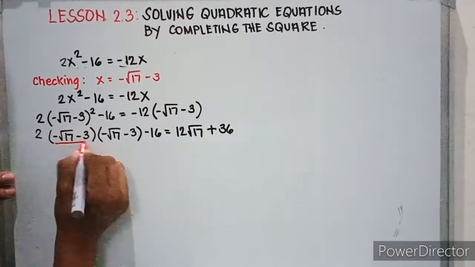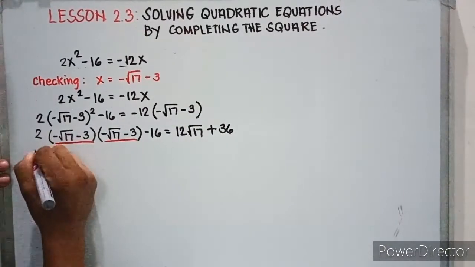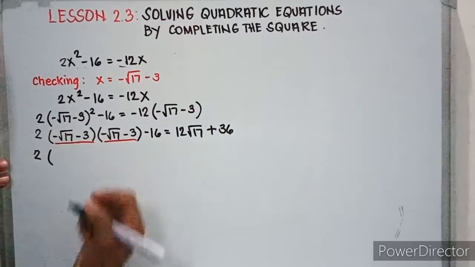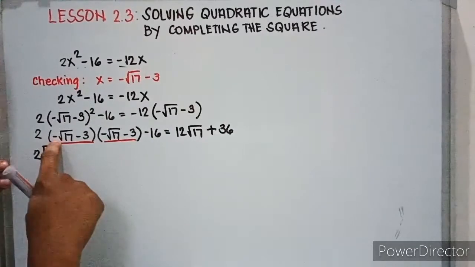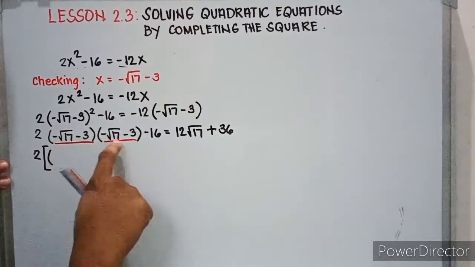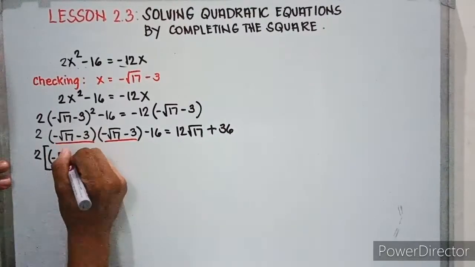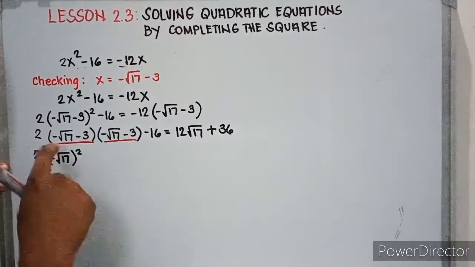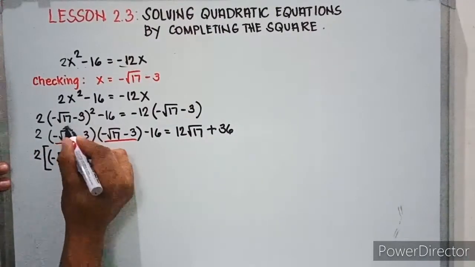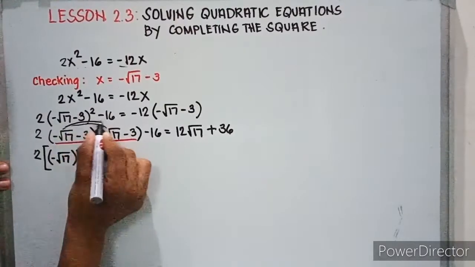So since we have 2 binomials, we're going to use the FOIL method. So we have 2 times, so we have bracket. So negative square root of 17 times negative square root of 17. So we have negative square root of 17 squared. Okay. Then, so that's the first one. Second one, negative square root of 17 times negative 3.